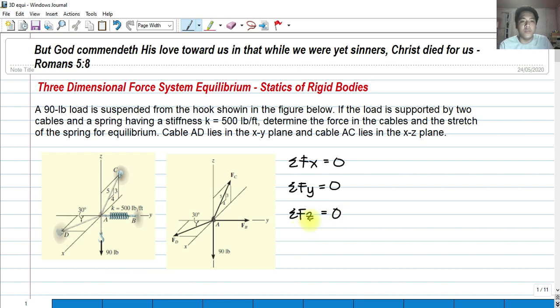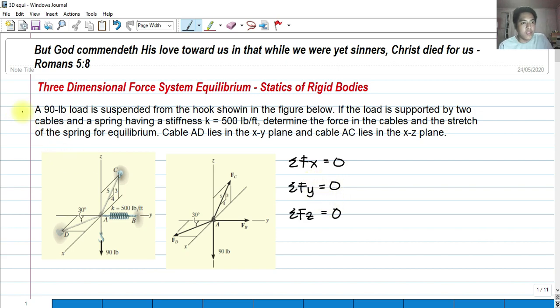So we are dealing with three-dimensional: we have x-axis, y-axis, and z-axis. The conditions are still the same: the summation of all the forces acting on that particle should be equal to 0.